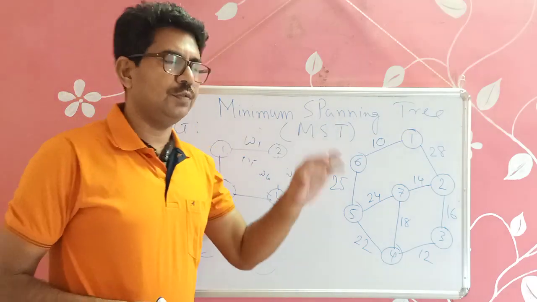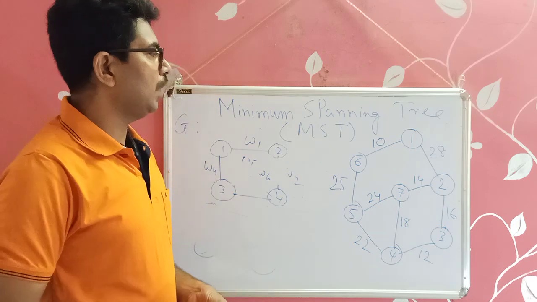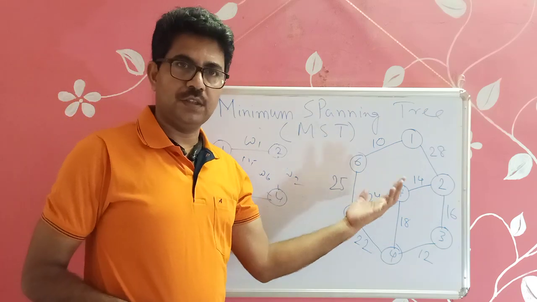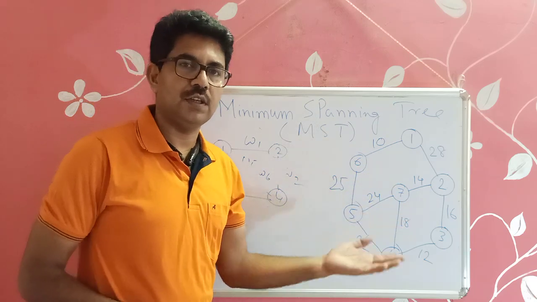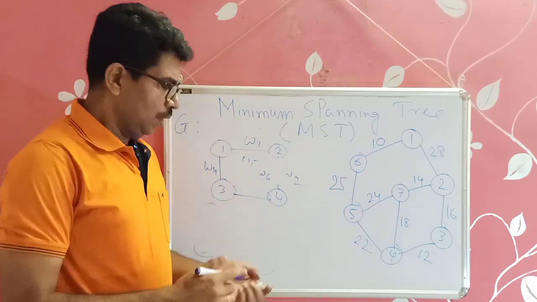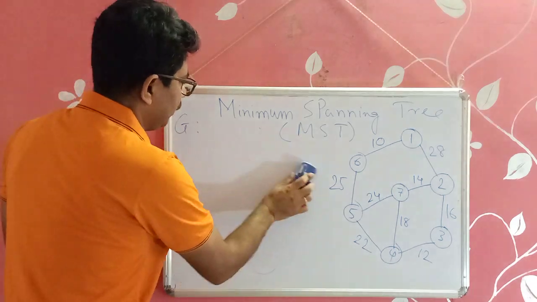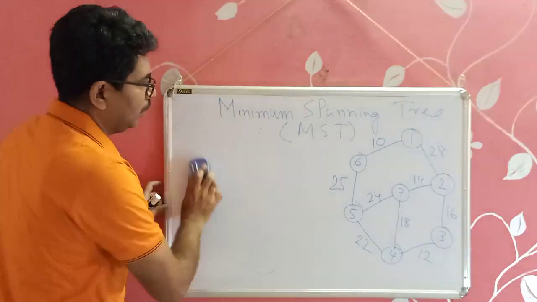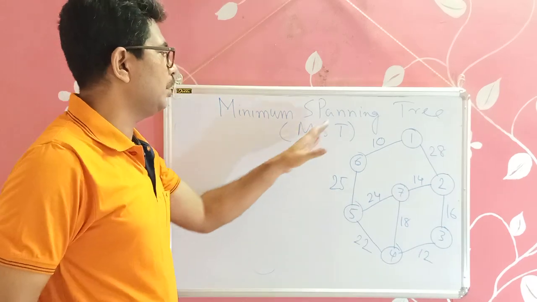It has a lot of applications in real life. So that may be to design an electric circuit, that may be to design electronic circuits, and so many things. Okay, right. So here I think all of you have got what is the spanning tree and what is the requirement of finding the minimum spanning tree.